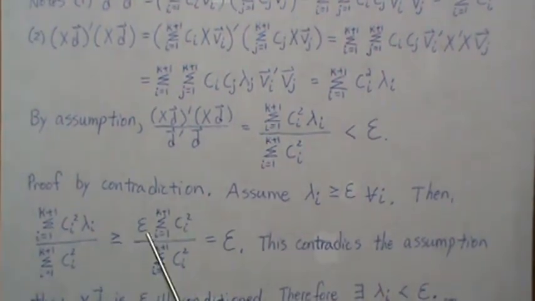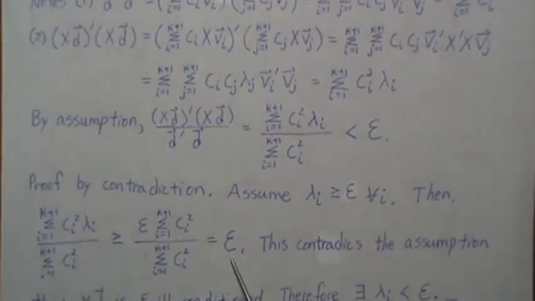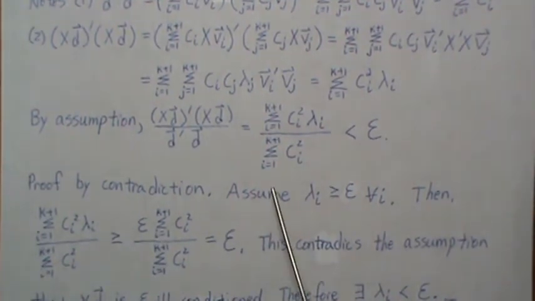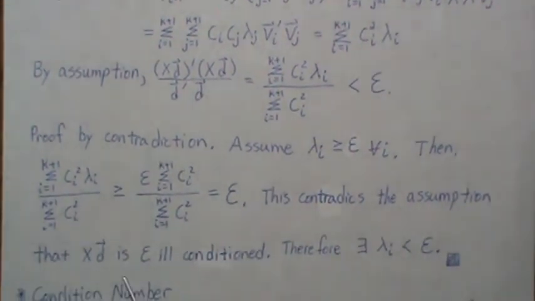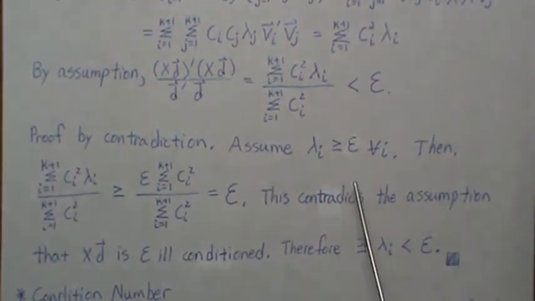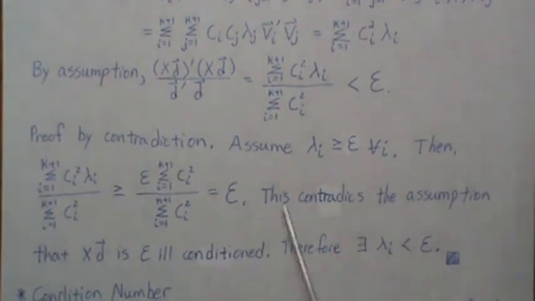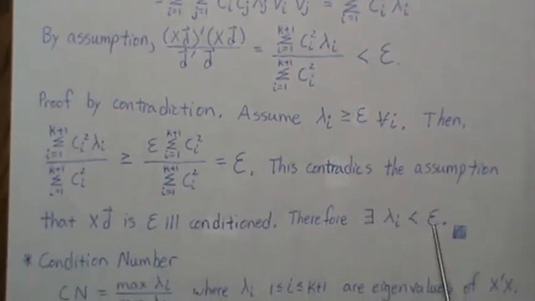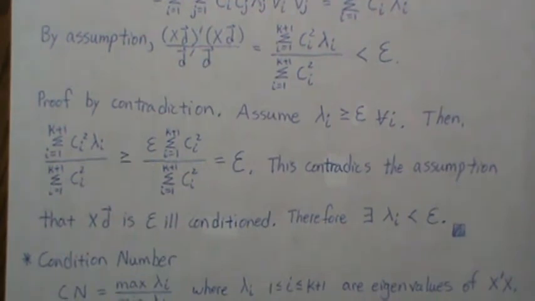That means that this number is smaller than that. And then that is 1, so we get epsilon. So this is greater than epsilon. But by assumption, it has to be less than epsilon. So this contradicts the assumption that this is an ill-conditioned vector. So therefore, there has to exist an eigenvalue less than epsilon, right? We assume they're all greater, but that's a contradiction. So one of them has to be less than epsilon, and that's what we wanted to show.